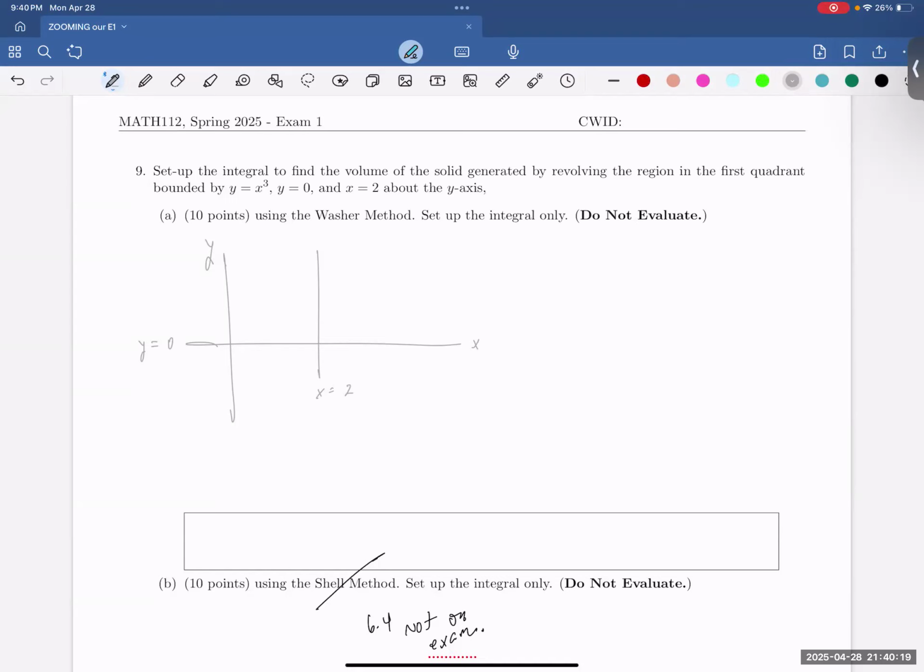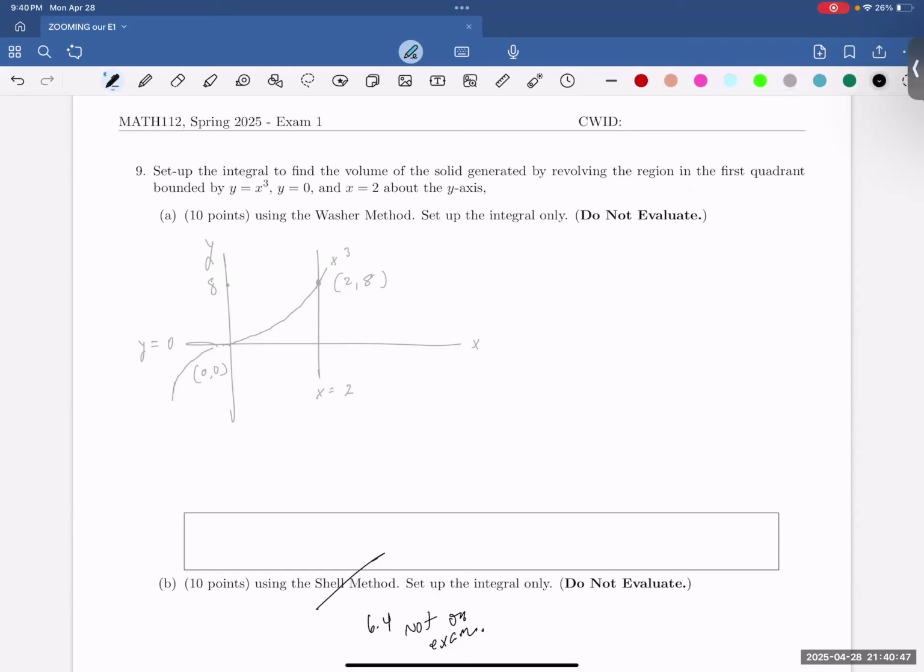So y equals x cubed does something like this. That would be the point (2, 8). This is the graph x cubed. This is (0, 0). All right, and we're finding the volume of the solid generated.